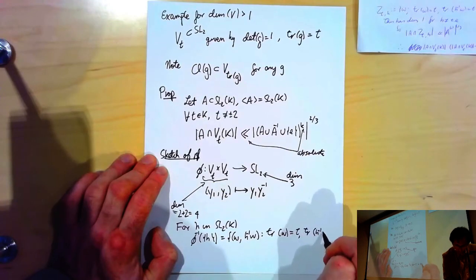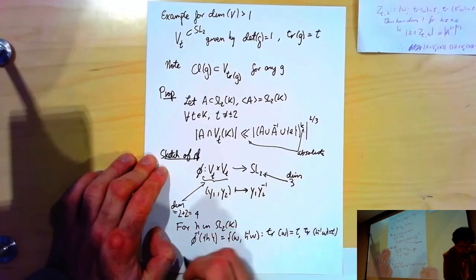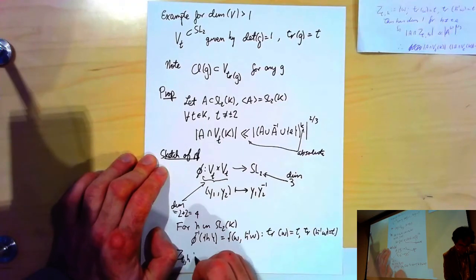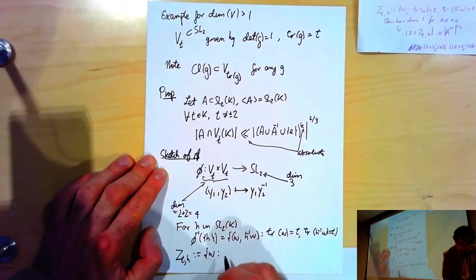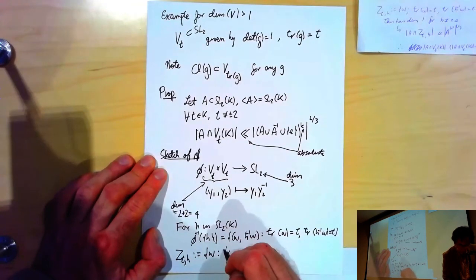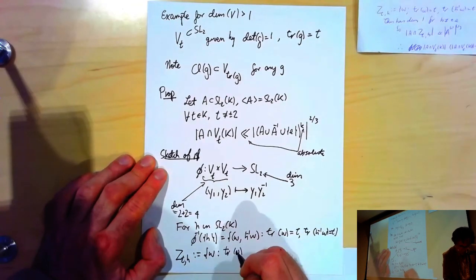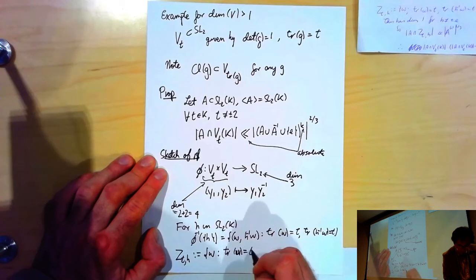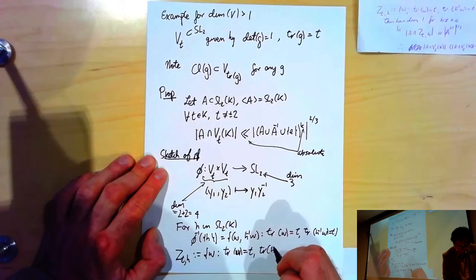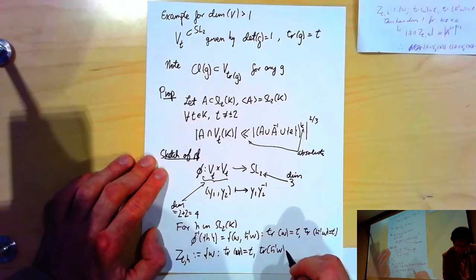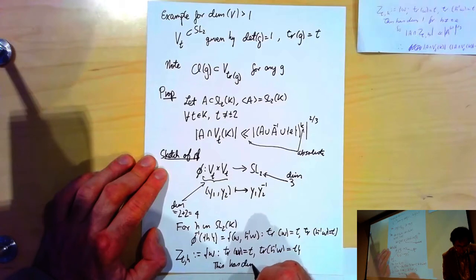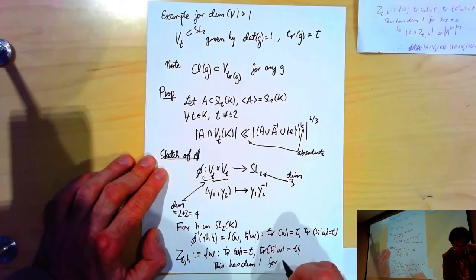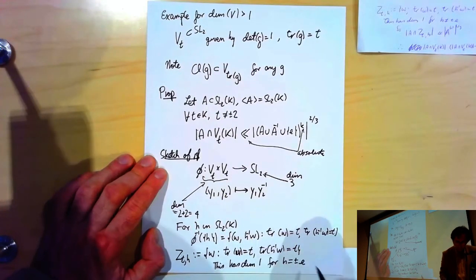So we define Z_{t,h}, as we have to control the size of these: w in GL2 such that the trace of w is t and the trace of h^{-1} w is also t. And this has dimension 1, sure enough, provided of course that h is not plus minus identity.